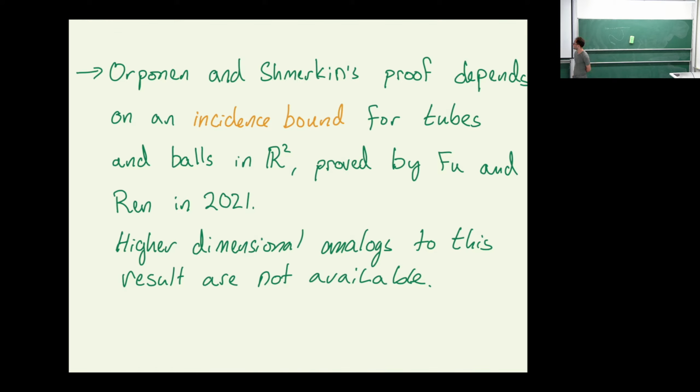But it relies on the recent incidence bounds from Fu and Ren in 2021, who considered a type of bound where you have a lot of small balls and small tubes in the plane, and give a bound on the measure of the overlap between these two sets.